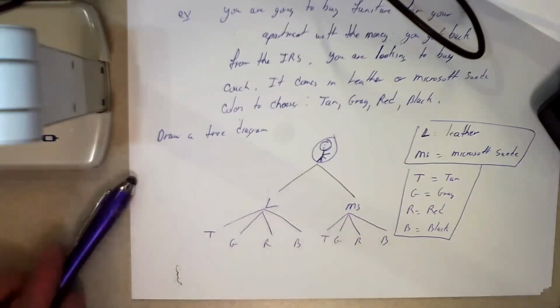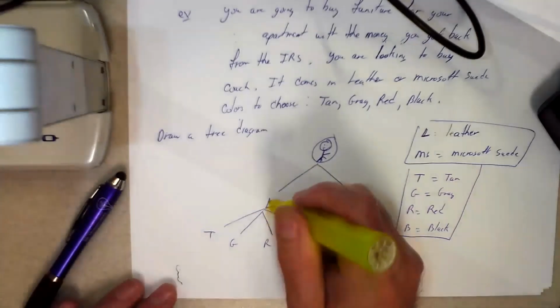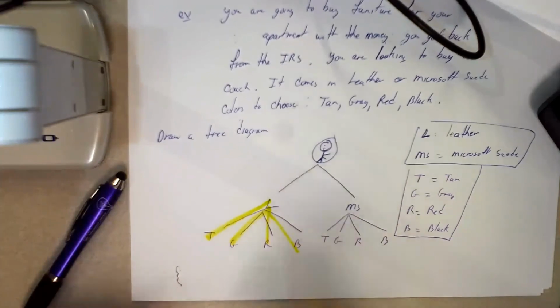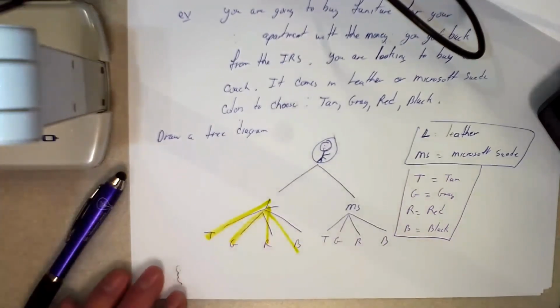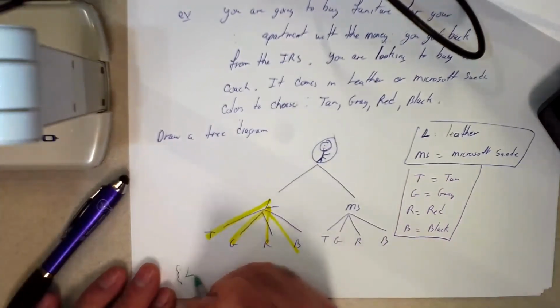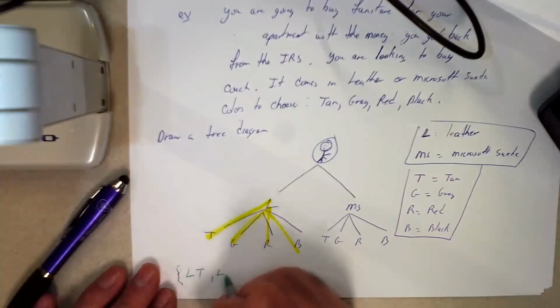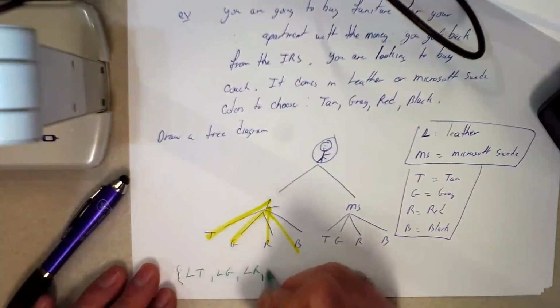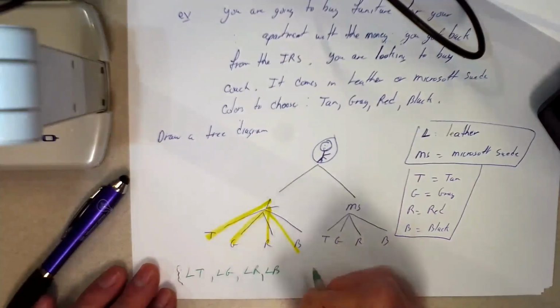So I have LT, LG, LR, LB: leather tan, leather gray, leather red, leather black.